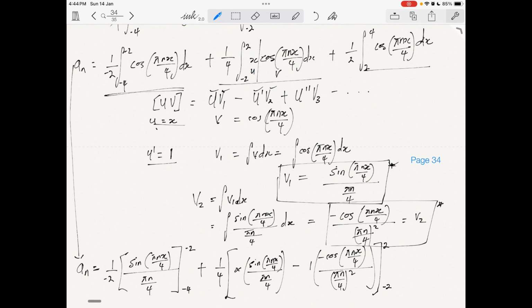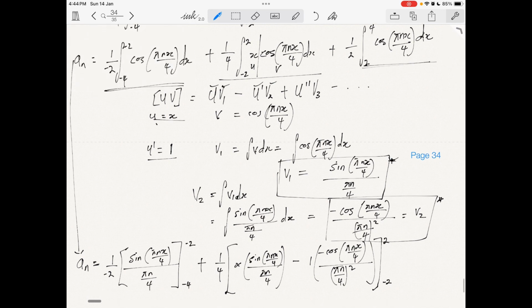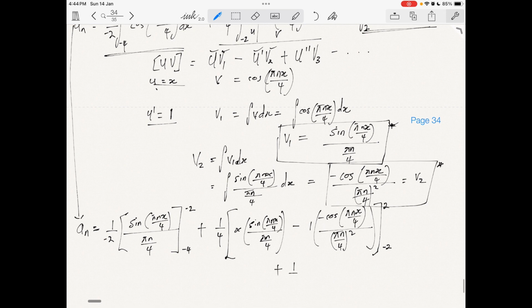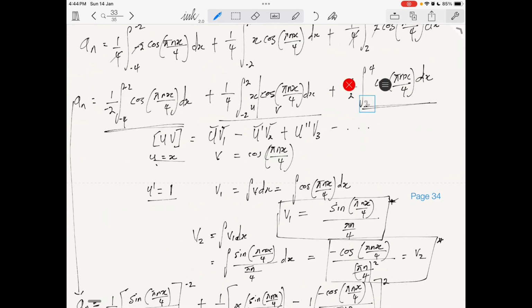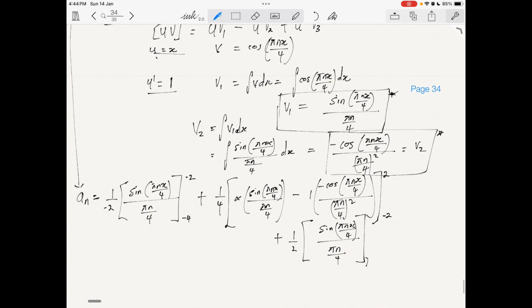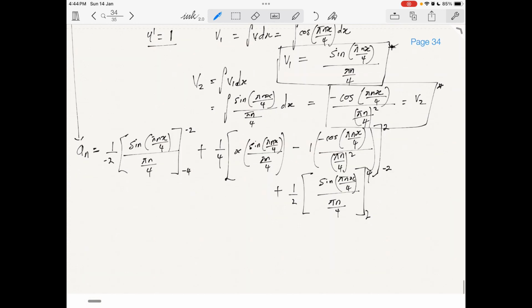And the last part that we are solving will be the integral of this, which will give us 1 over 2, sin(πnx/4) divided by πn/4, from the limits of 2 to 4.